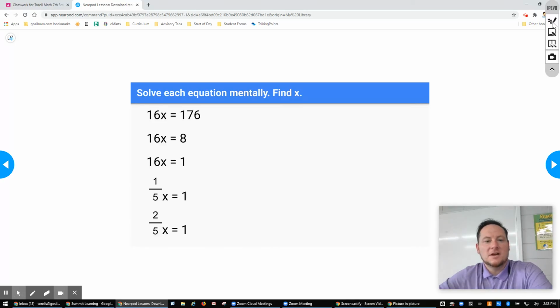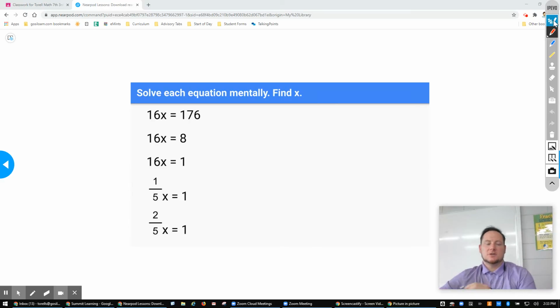All right, hope you had some time to work that out. So let's take a look at these real quick. 16x equals 176. What do we have here? Well, hopefully you thought that the answer to that was 11. So how did you get there? You may have done some small division, just 176 divided by 16.